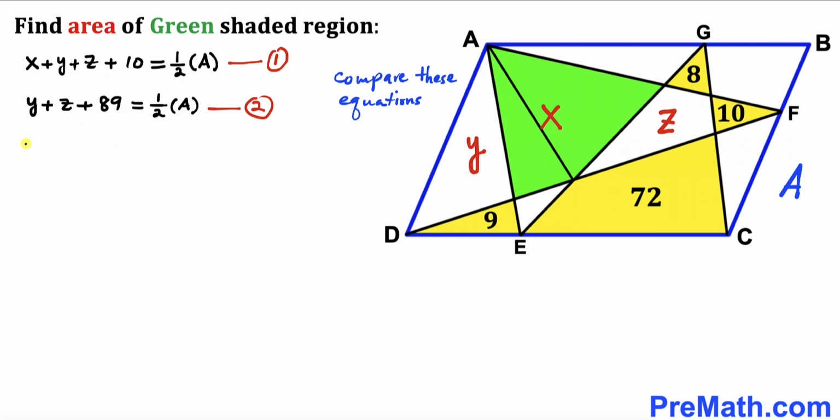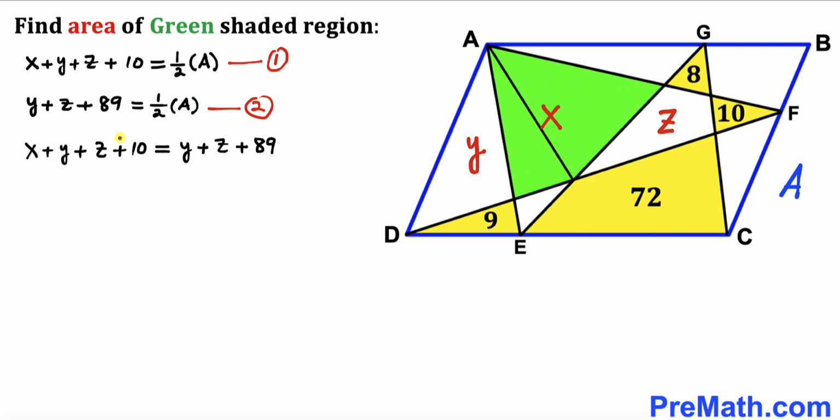So therefore we can write X plus Y plus Z plus 10 is going to be equal to Y plus Z plus 89. And now we can see this Y and Y are gone, Z is gone and this Z is gone as well. So therefore on the left hand side we ended up with X plus 10 is going to be equal to 89 on the right hand side.